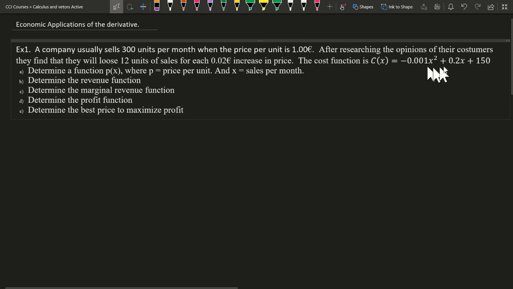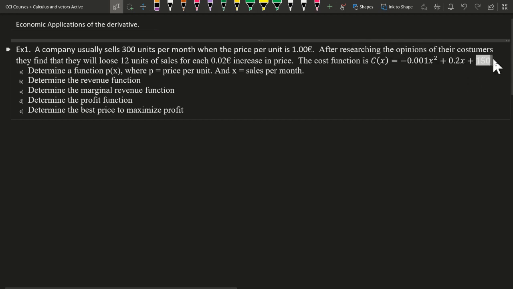Okay. So if you're looking at this, if I sell 300 units, I would put a 300 in here, meaning that each unit, as this goes up, 300, 1, 2, 3, 4, as X becomes greater and greater, I'm adding in an extra 0.2, meaning every unit is about 20 cents to make.